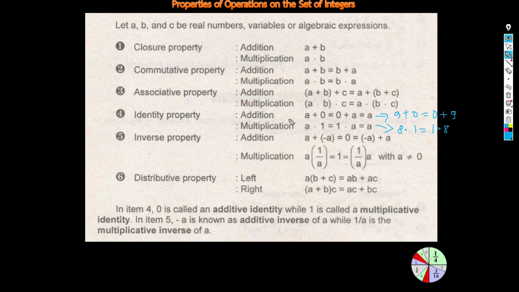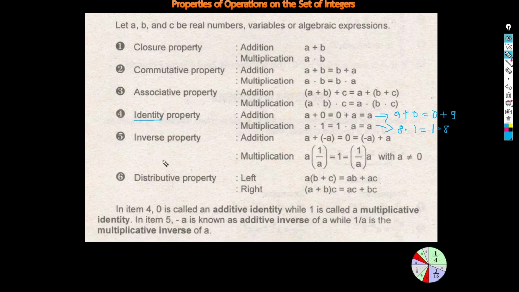So in the multiplication, when you multiply it with 1, it will give you the same answer when you reverse the order. If you multiply the number with 1, or in addition, when you add 0 to it, it will give you the same number. That's identity property.